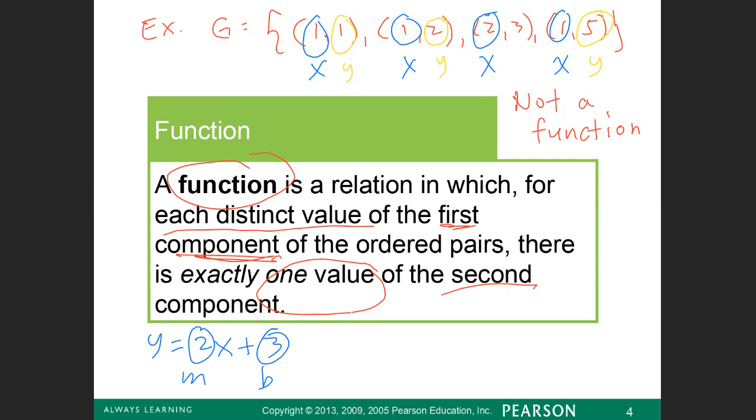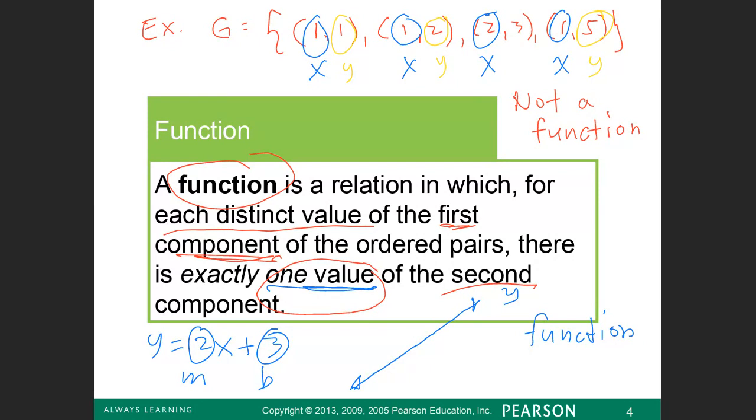The graph here is increasing because it's a positive 2 for your slope. Looking at this graph, this corresponds to a function, because whatever value for x, you have exactly one value for your y, which is the second component.